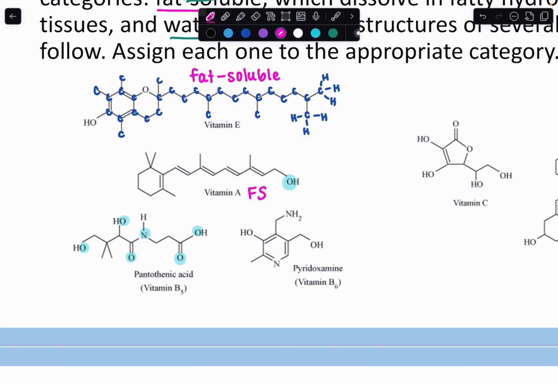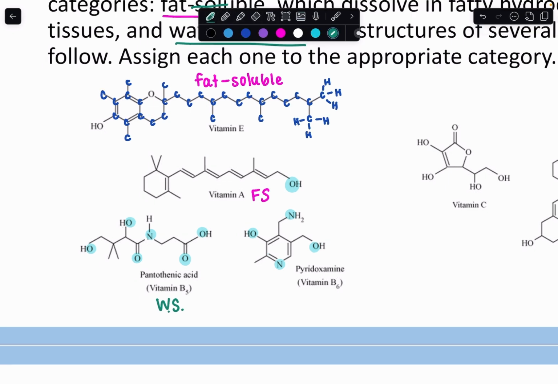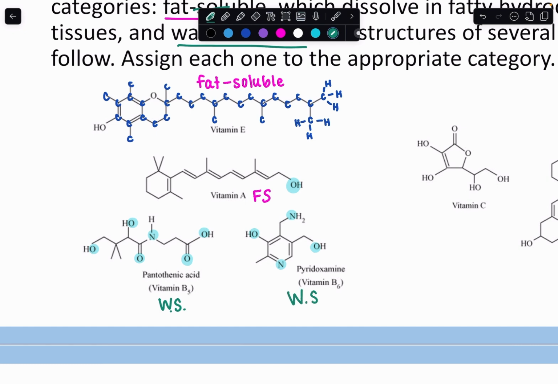This is a more polar molecule, so this would be water soluble. So I'll write WS here for water soluble. We can see the very similar for vitamin B6. A number of hydrogen bonding capable areas. This is also water soluble.